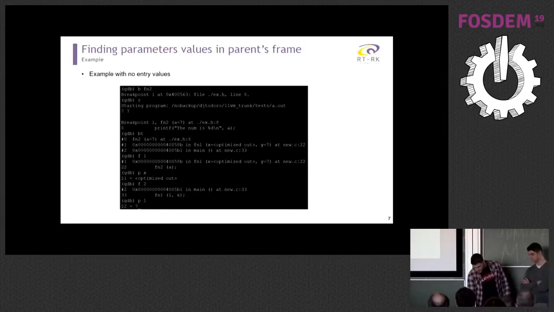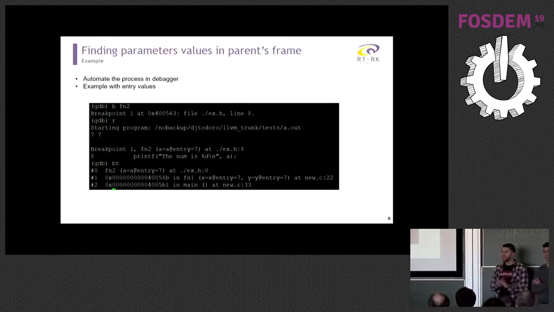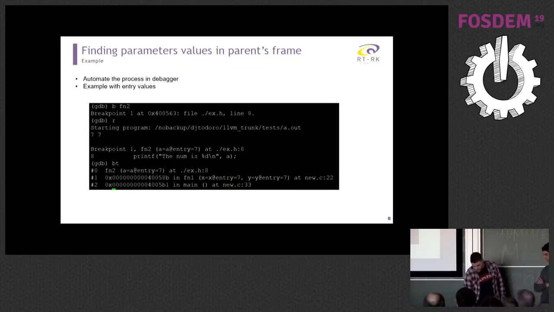If we can do that, why not optimize this whole process within the debugger? But in order to do that, we need additional information from the compiler side. In this example, we see the process optimized on both sides, debugger and compiler, and we also see these entry values printed out. Those optimized out values turned into actual values.